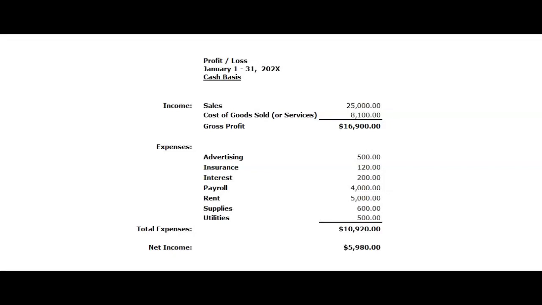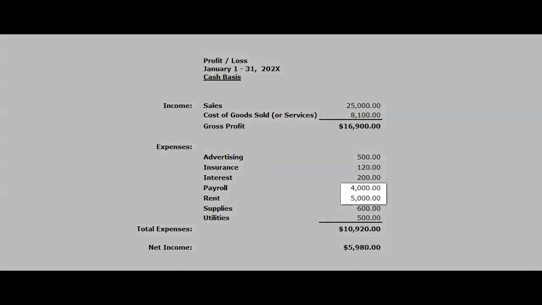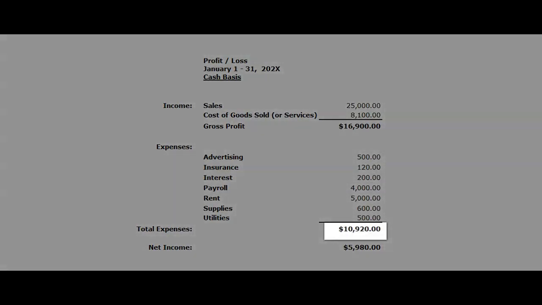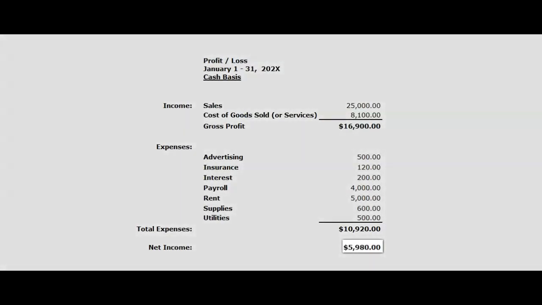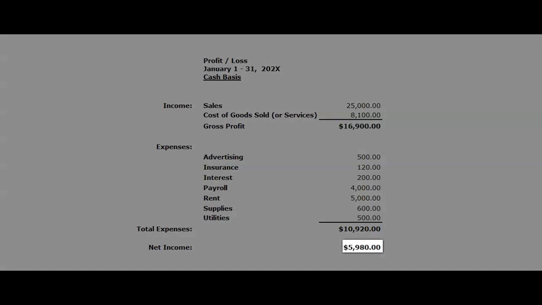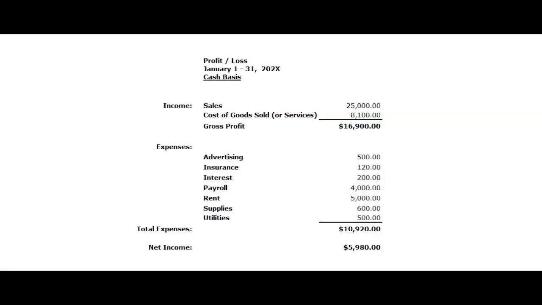And then below that we have various normal operating expenses: advertising, payroll, rent, etc. And the total expenses for that month was $10,920 to bring in a net income of $5,980.